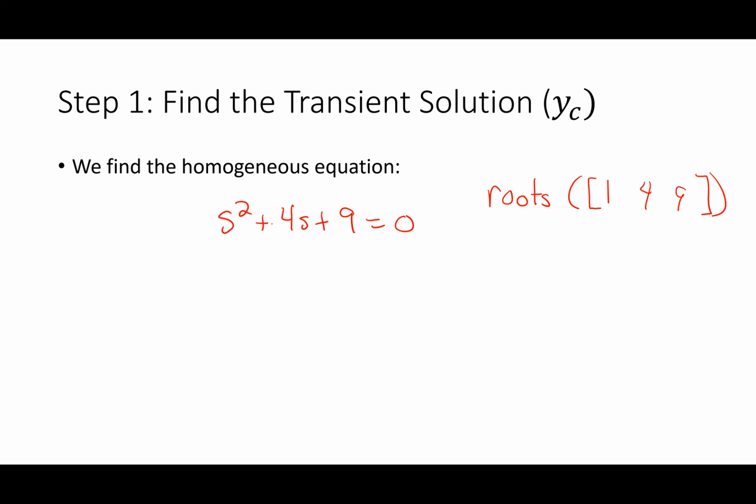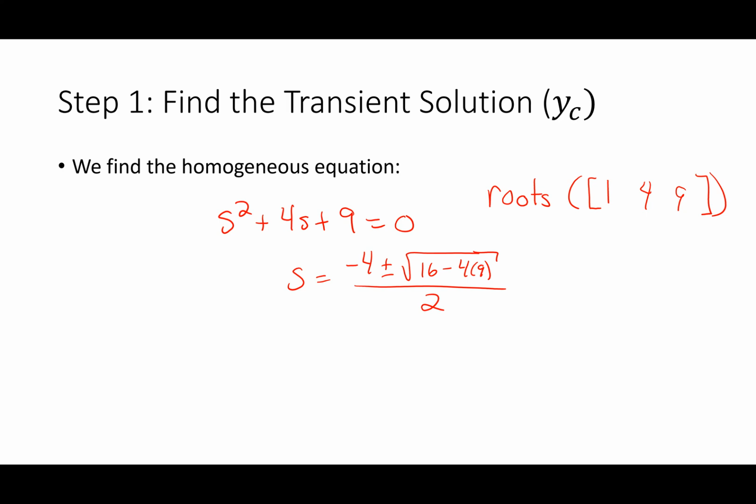Now, if I didn't know how to do this, you should have known this back in algebra in high school, right? So s equals what? I do my quadratic formula, right? So the opposite of b, plus or minus the square root of b squared minus 4 times 9, divided by 2 times 1. Okay?